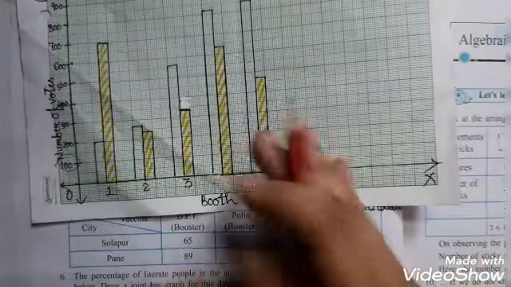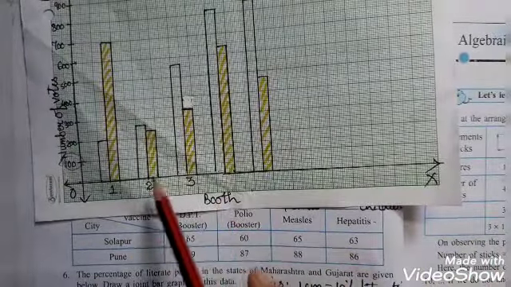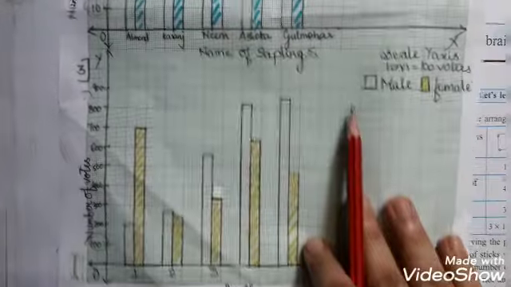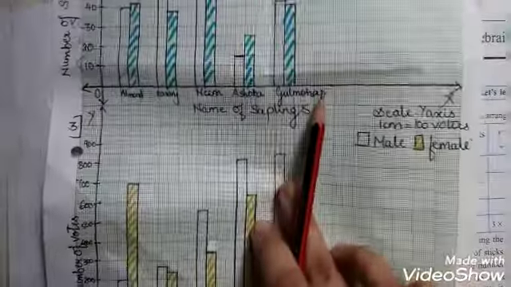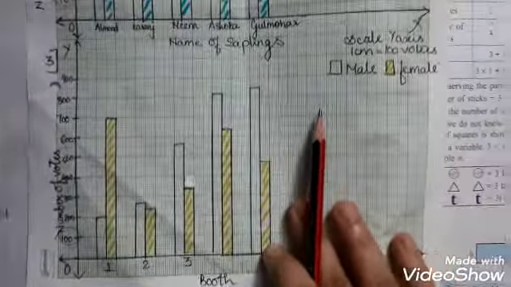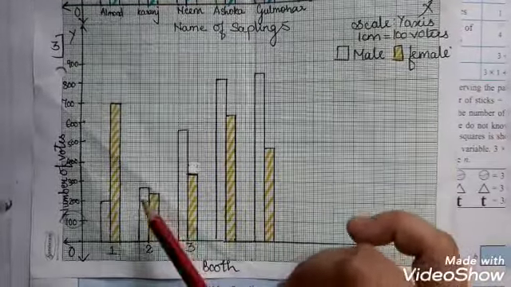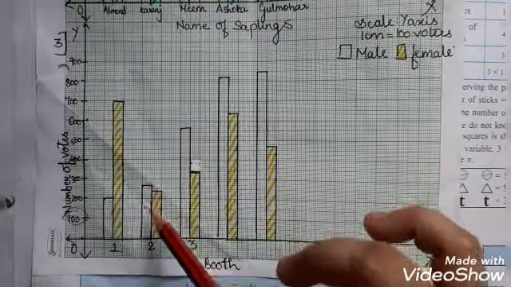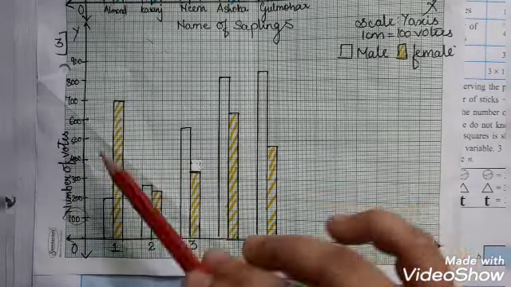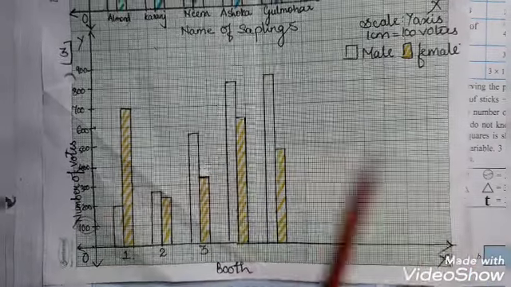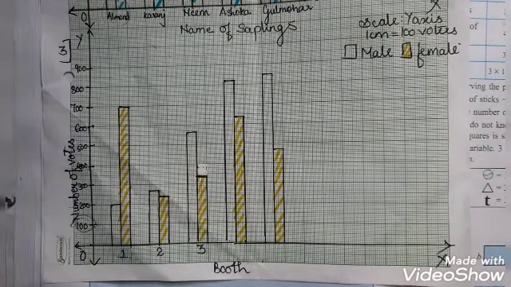That is Booth 1. You can see I have written booth and 1. Then the second is 270 and 240. So 270 is here and 240 is here. I have named it 2. Colored this. Like this you have to plot all the remaining also.